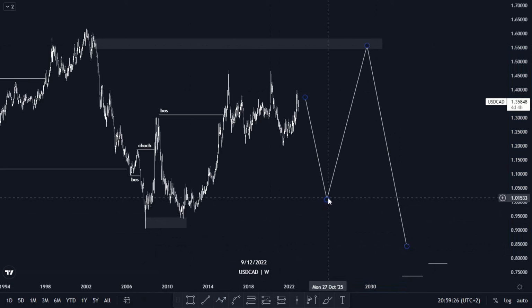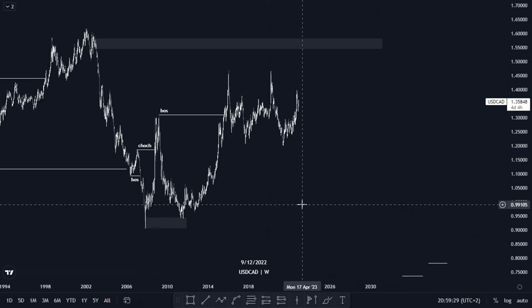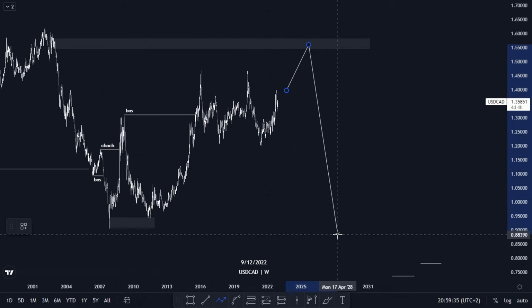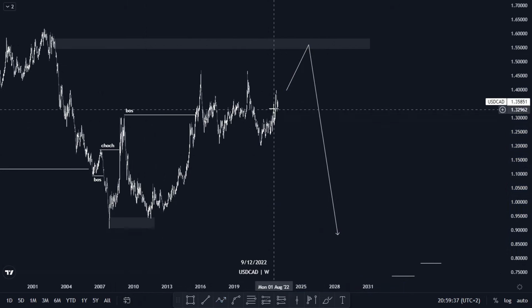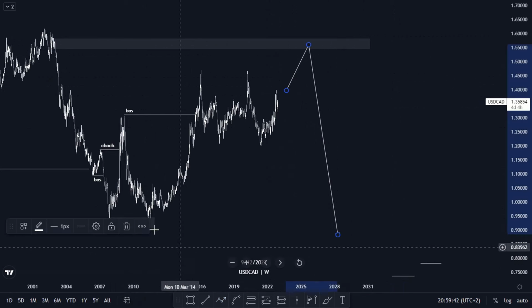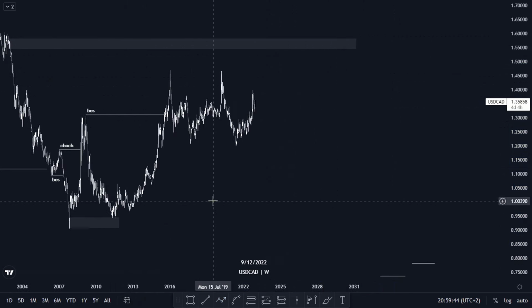Okay, so that's what can happen. And another thing that can happen is that price could push to the upside, then push to the downside, push to the upside, tapping into our monthly order block, and then pushing to the downside. Okay, that's what could happen.